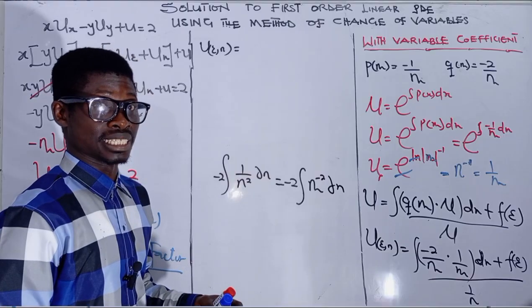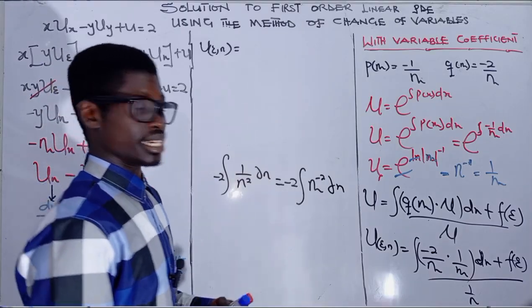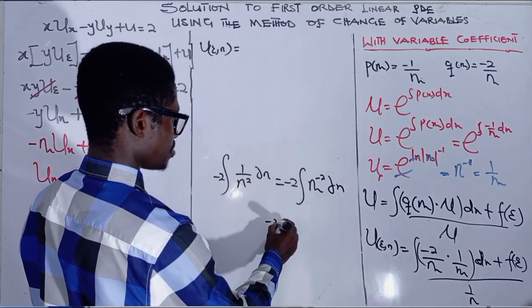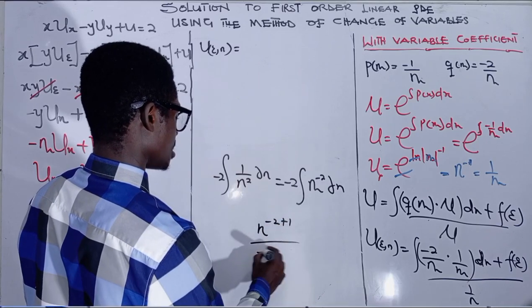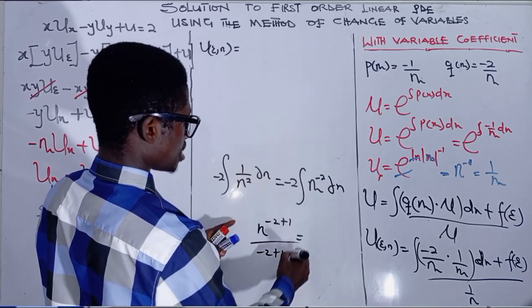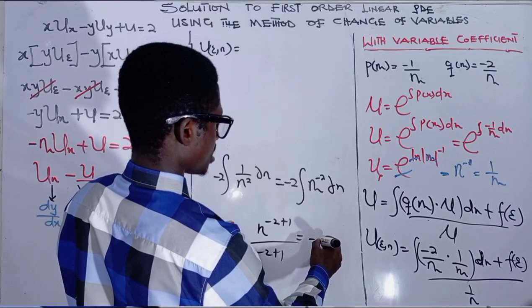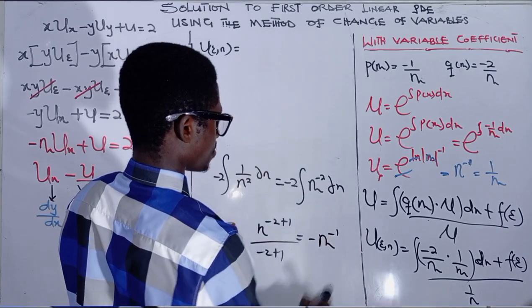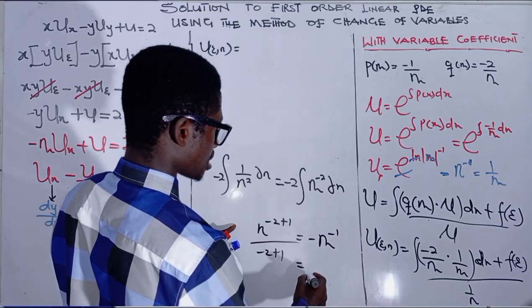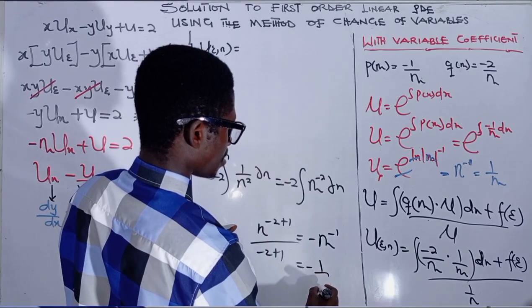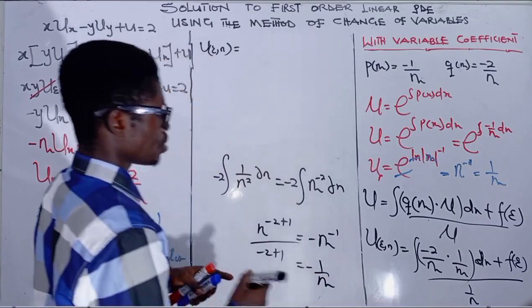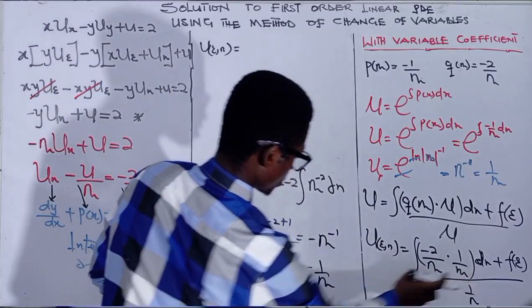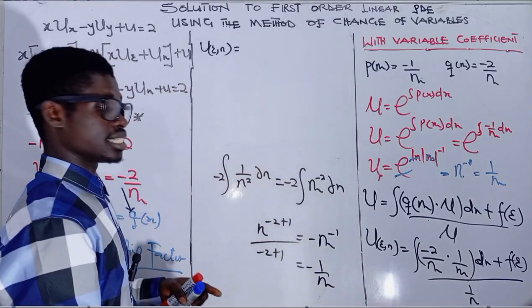Now applying our basic knowledge in integration, we are going to have negative 2 plus 1, so this is going to give us negative eta raised to the power negative 1. And this is the same as negative 1 all over eta.